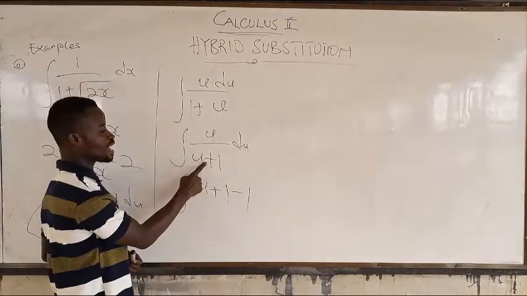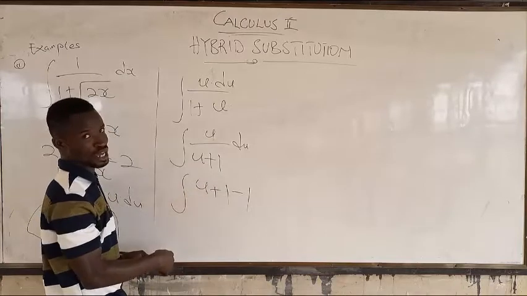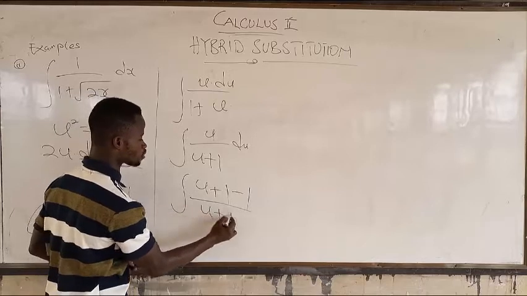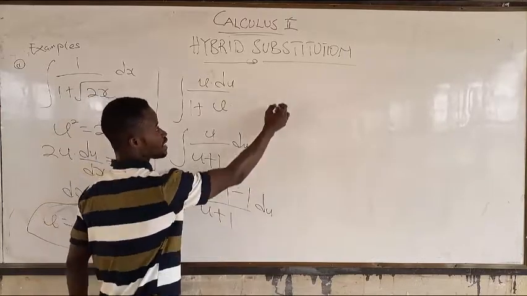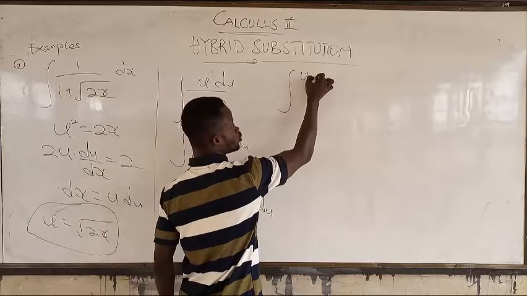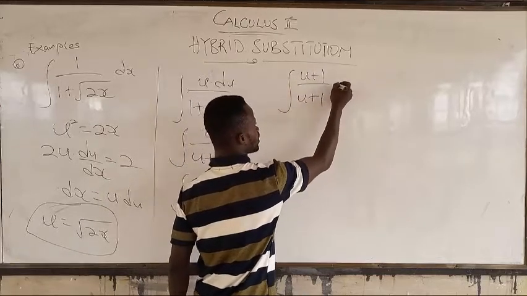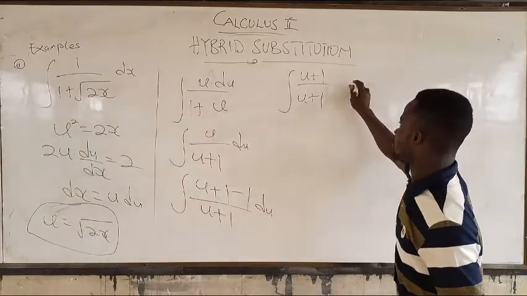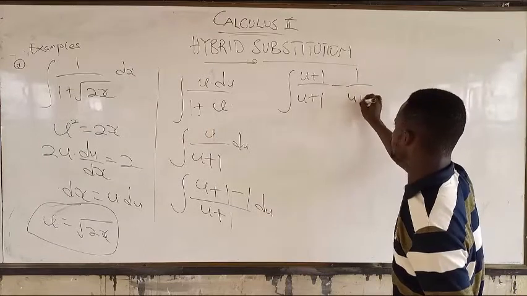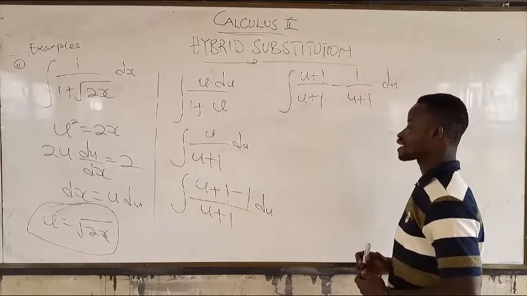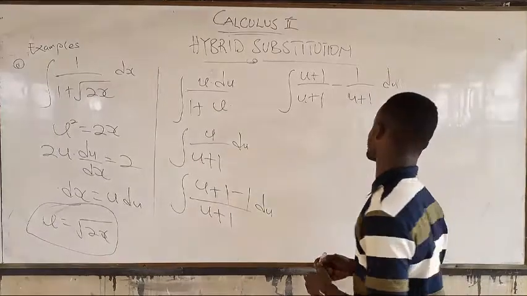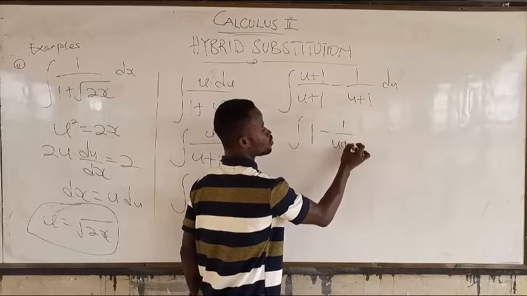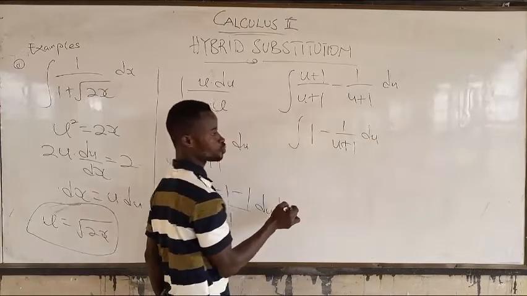But if here is u minus 1, the minus will come before the plus. So here will be u plus 1 du. And that is going to be equal to u plus 1 over u plus 1 minus 1 over u plus 1 du. Because we can split it. So here is 1 minus 1 over u plus 1 du.